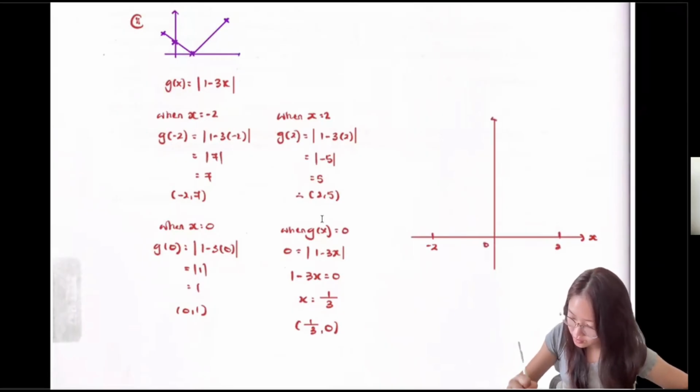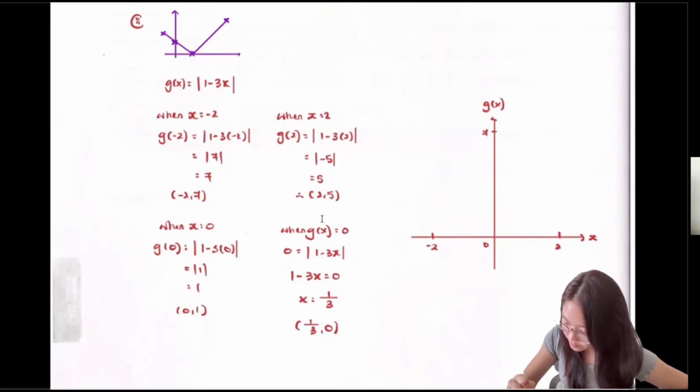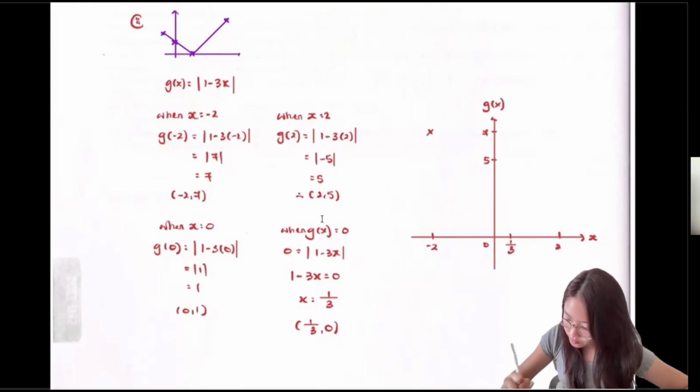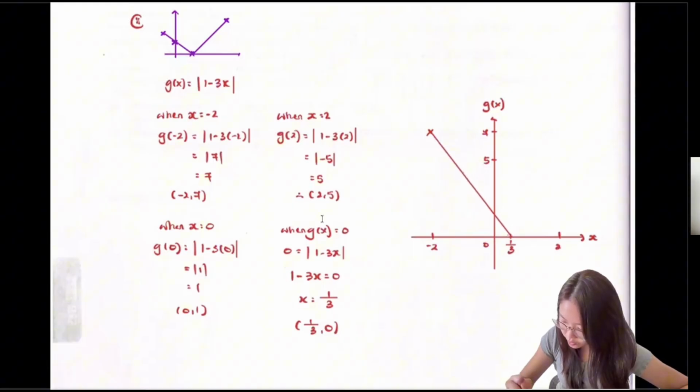Here you label g(x). The highest point is 7. Then the next one is 5. 1 over 3 is somewhere over here, just estimate. Negative 2, 7. And then your jumping point is 1 over 3. Then this one you label 1, your y-intercept. And then (2, 5).